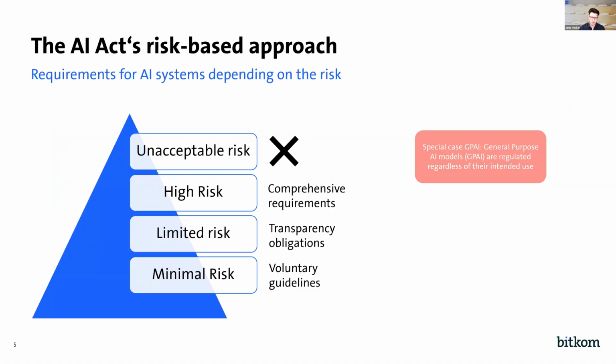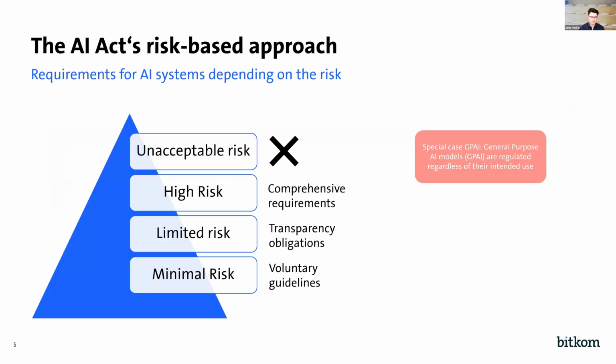Many of you have maybe already seen this famous risk pyramid that basically reflects the approach of regulating AI based on its risk. There are 4 categories of risk in the AI Act.